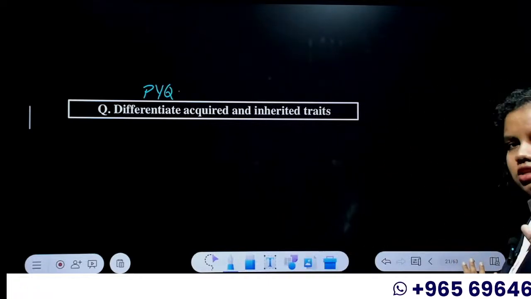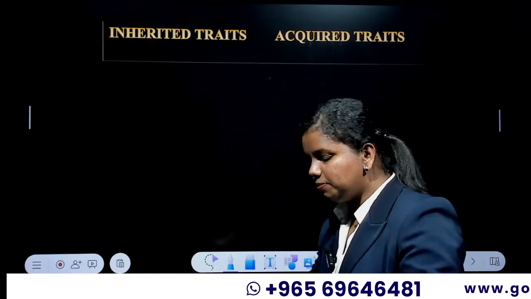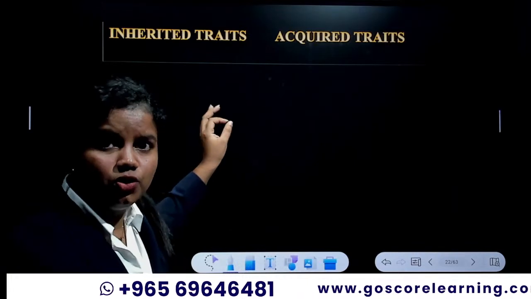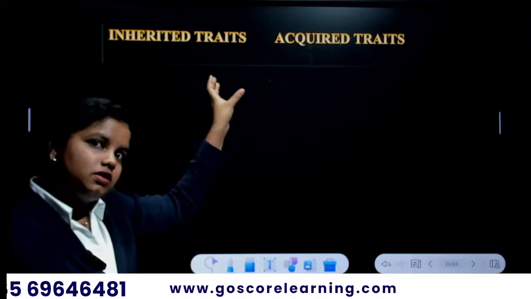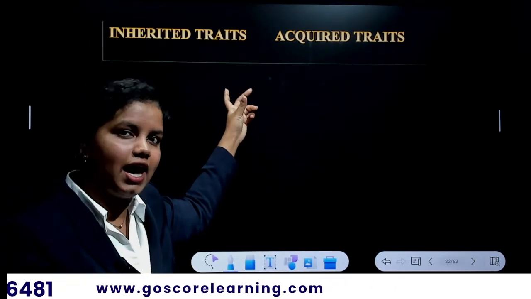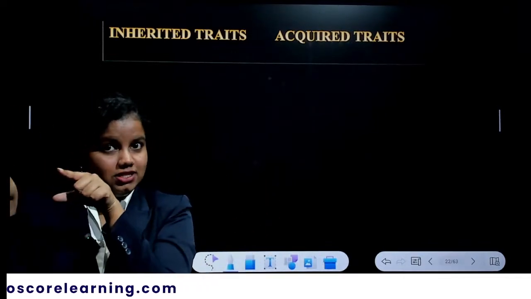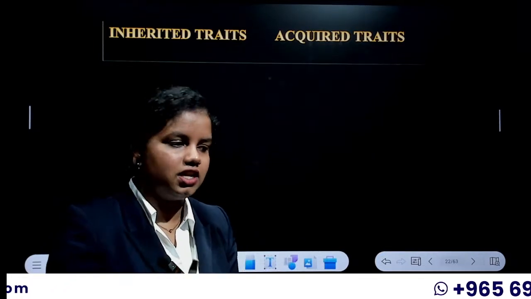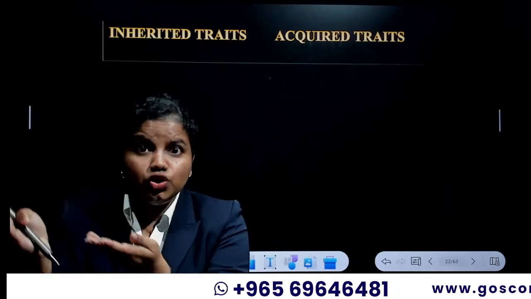So to answer the question, you just have to know what an inherited trait is and what an acquired trait is. Let me explain it to you. From the word, I hope you can understand the basic things. An inherited trait, that is an inherited character, is a character which you got from your parents. It came to your body through your hereditary factors, through your genes.